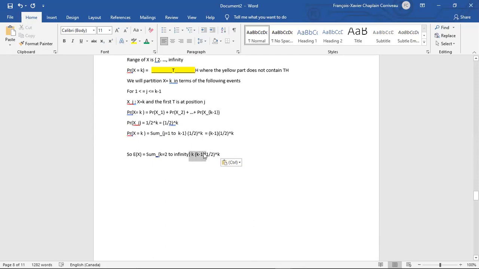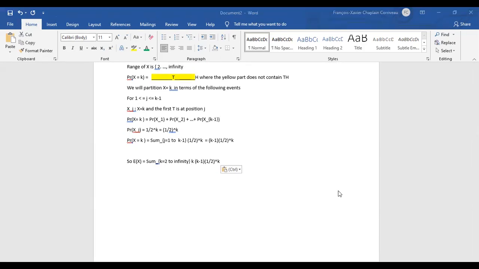The problem here is this k times k. If you don't have this k times k, then this summation you know how to simplify, or I think you should know.